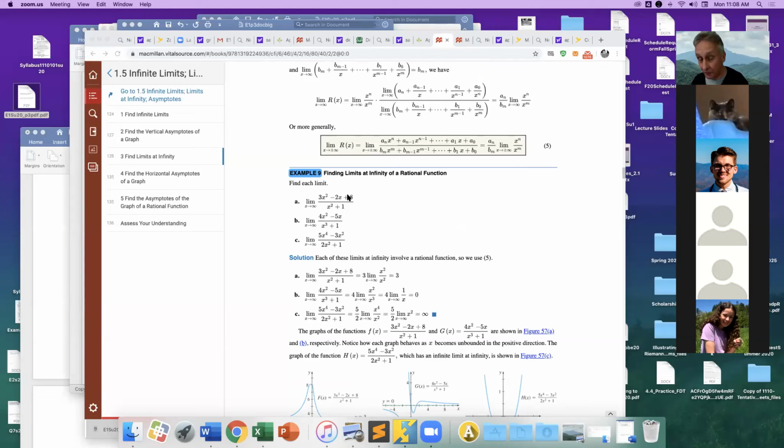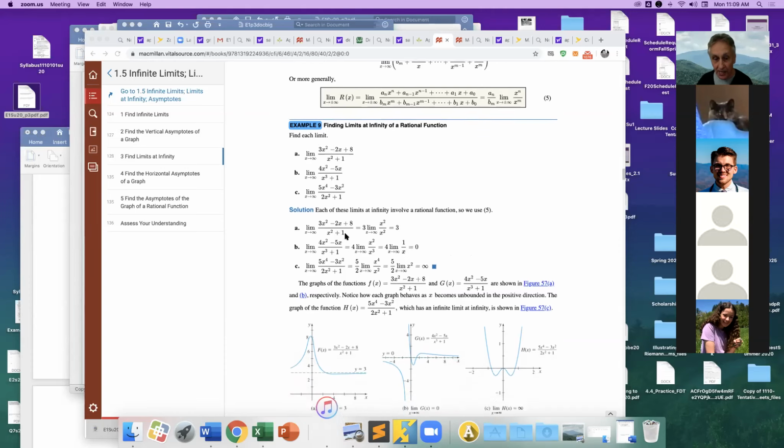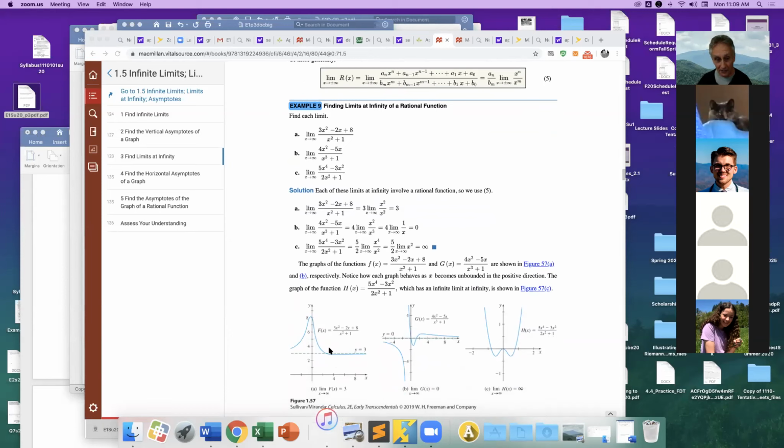When it's put in correct descending order, we need the positive x squared over the positive x squared. Now, when this happens, the limit as x goes to infinity: the x squareds cancel, you're left with 3. That's the answer, okay? So you're left with the graph here. You can see it crosses, but as you get closer and closer to positive infinity, it's going back up to 3.